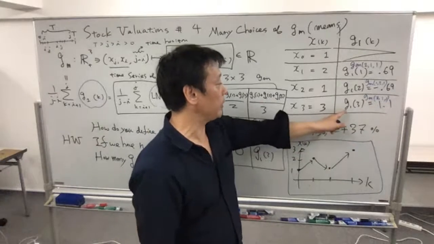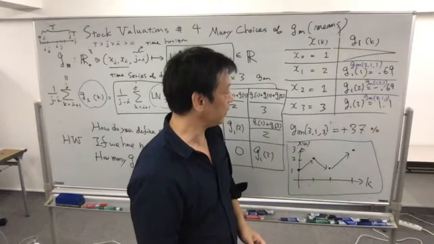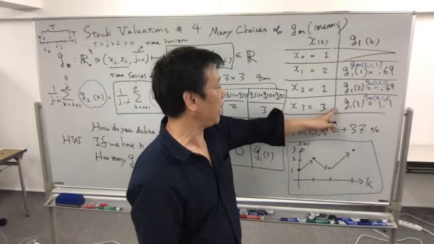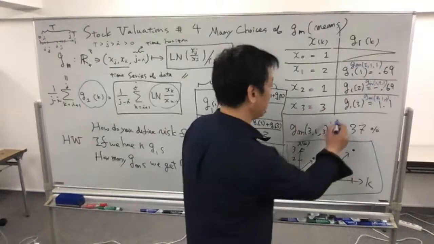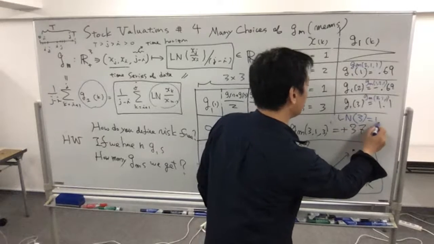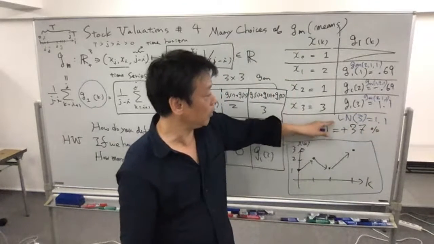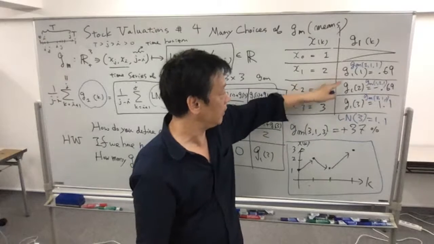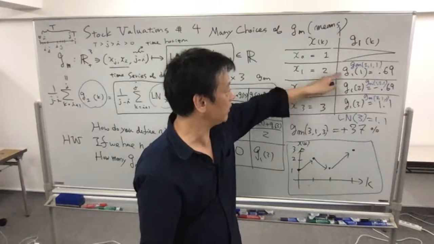And what's G1 3 on a continuous basis? It's ln 3 over 1, which is 1.1. So we have 3 G1s.